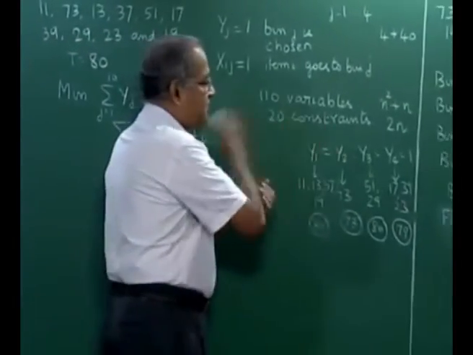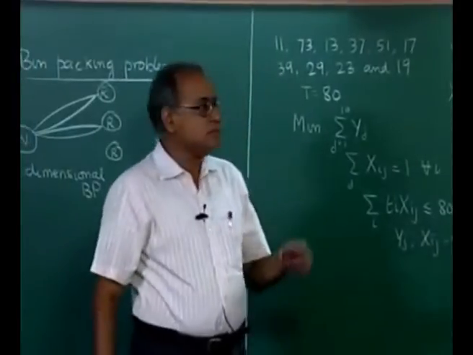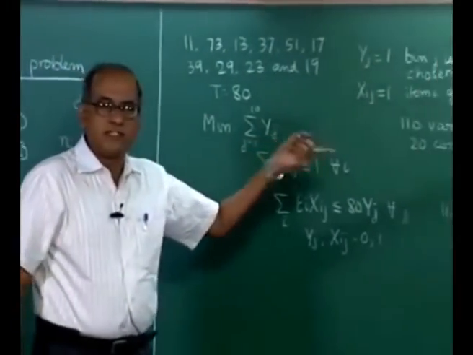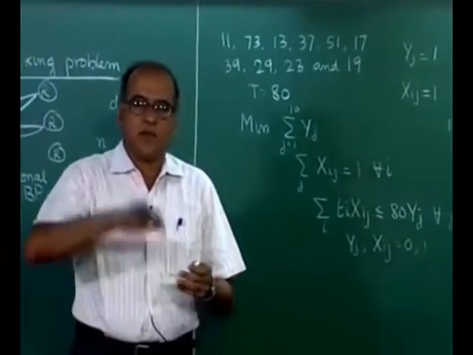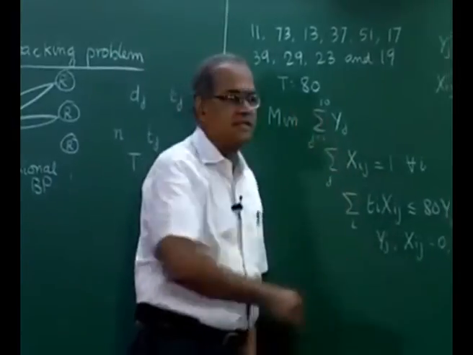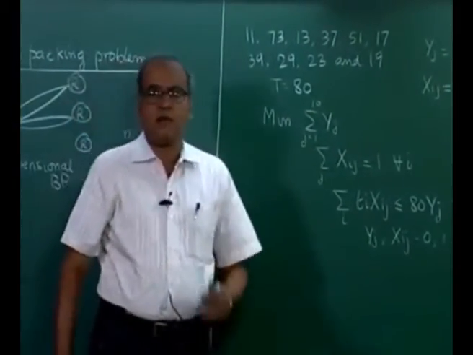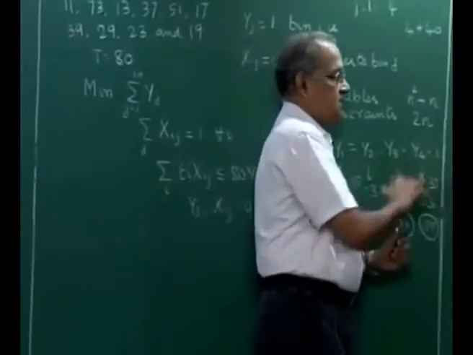So here are a set of problems where it is advantageous to solve it using a heuristic first, and then based on the heuristic solution, if we approach the optimization, the number of variables and constraints in the optimization will come down. That is one advantage of using this heuristic.